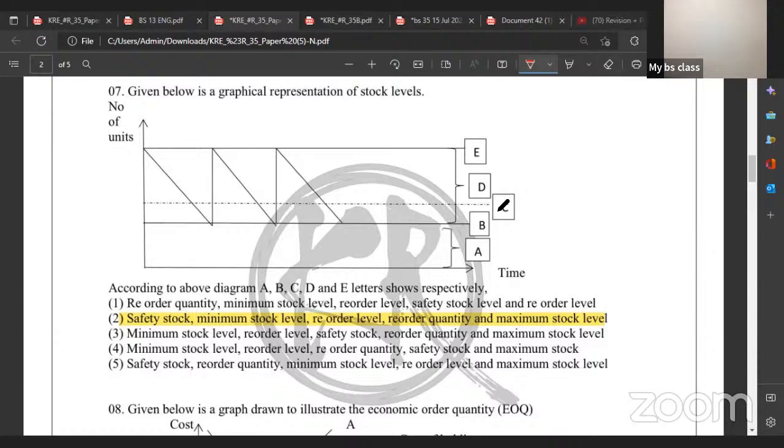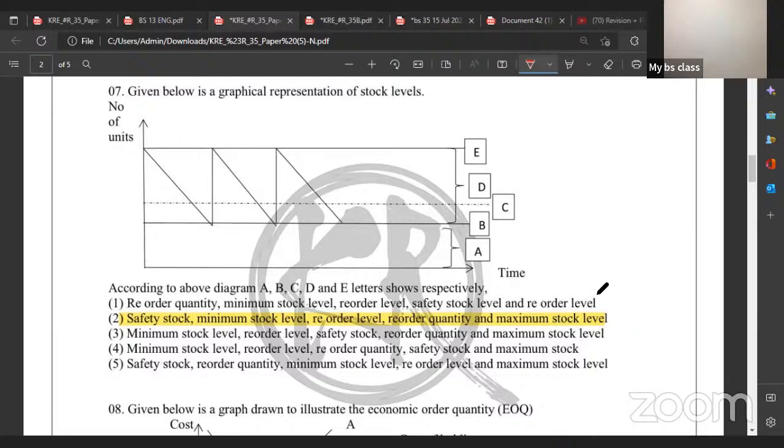E. Without any doubt, E is the maximum stock level that you can store. Because if you exceed the maximum stock level, there will be consequences you have to face, additional costs and wastage, those things. So for E, the last one, the maximum stock level.